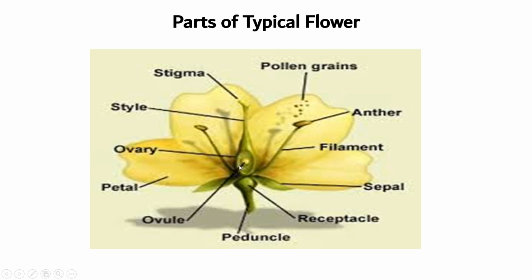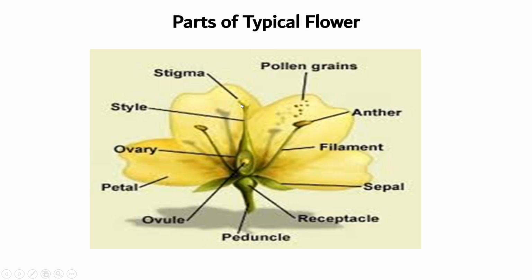In this diagram, the third whorl is the androecium. The individual of androecium is called stamen. 1, 2, 3, 4, 5 stamens are there. Each stamen shows the anther, connective and a long elongated filament, which arises from the base of the ovary.